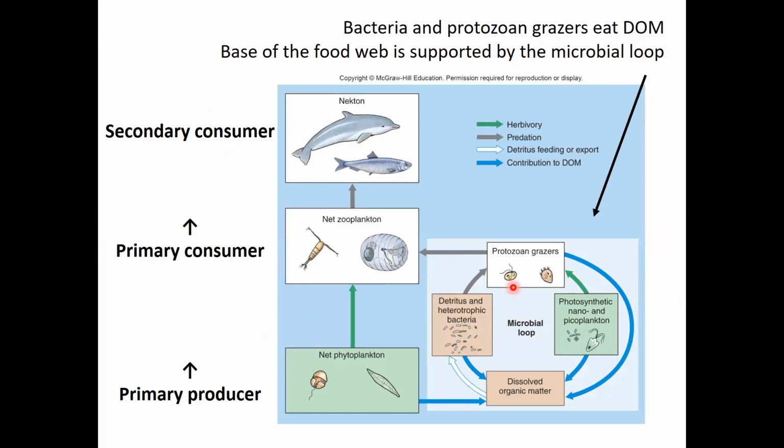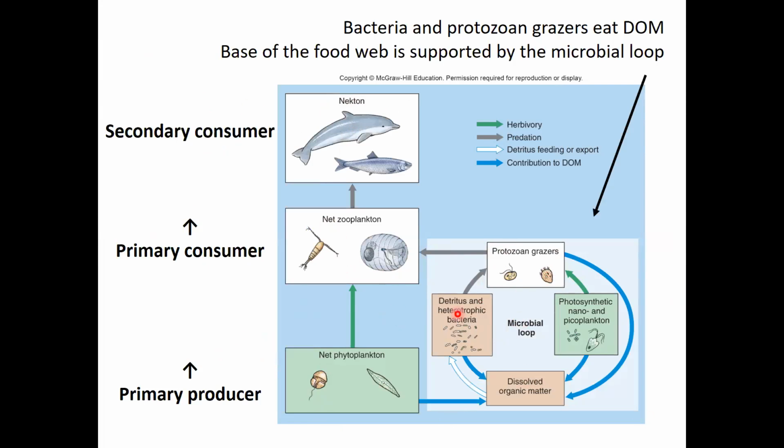So if we look at a very simplified epipelagic food chain, we have primary producers, primary consumers, and secondary consumers. But what we don't see in this very simple food chain is the microbial loop, this very complicated process that's supporting the base of the food web. So supporting the plankton and the zooplankton.